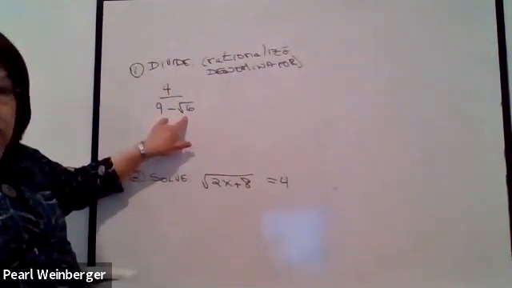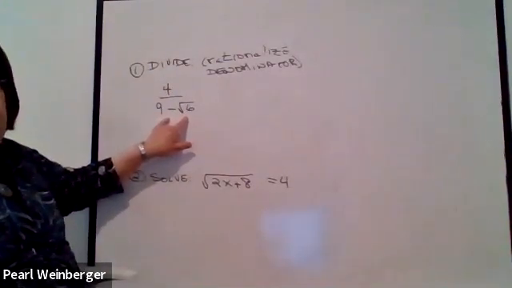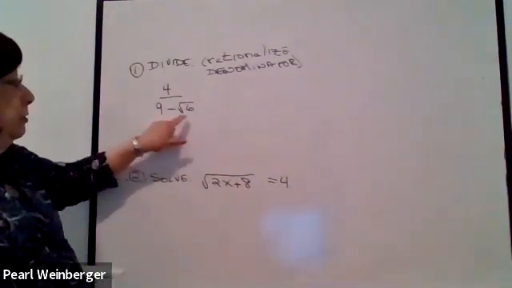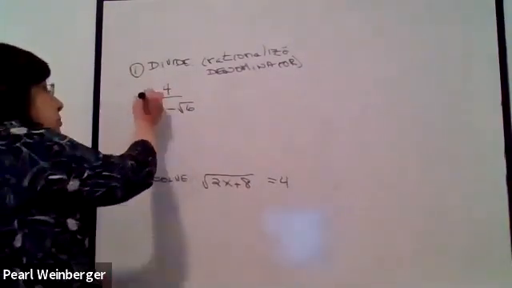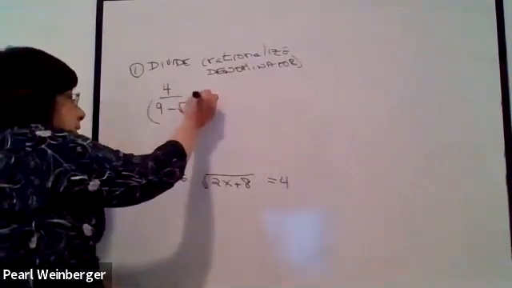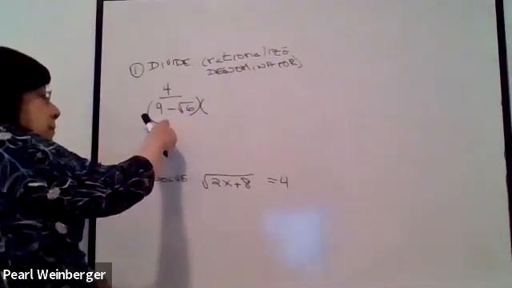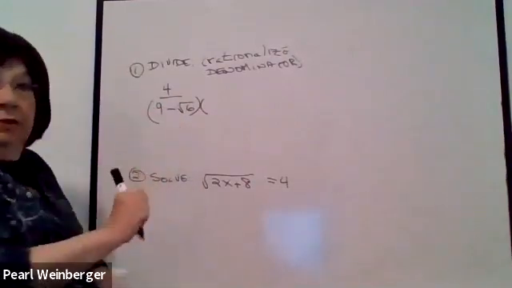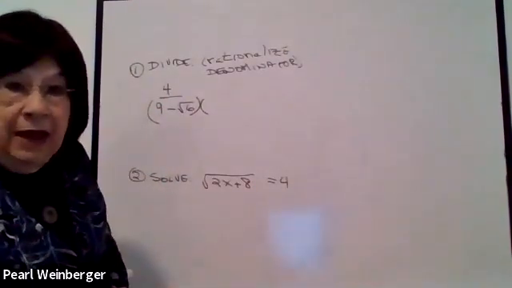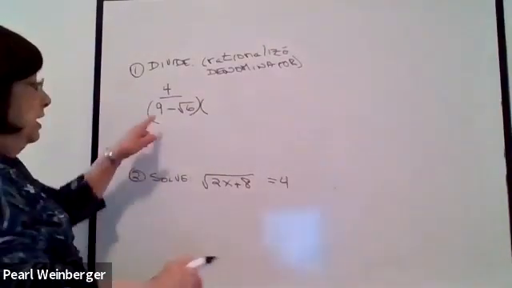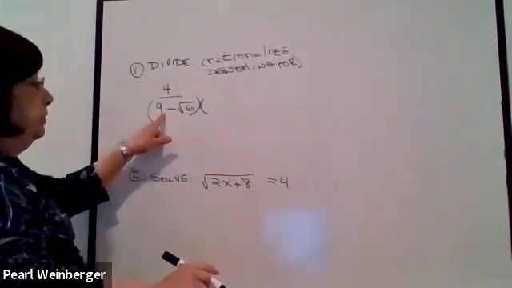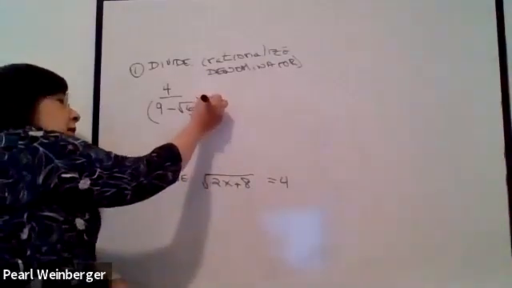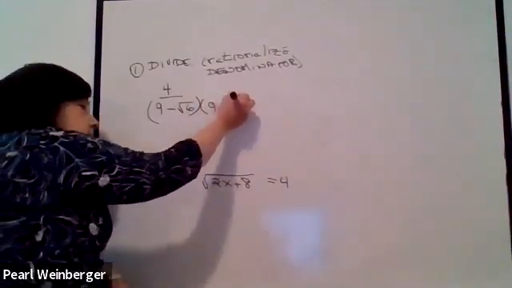Then what we must do is multiply by what we call the conjugate of the denominator, which means you're going to multiply by the exact same binomial, except with the sign in the middle being the opposite sign. So my conjugate of 9 minus radical 6 is 9 plus radical 6.